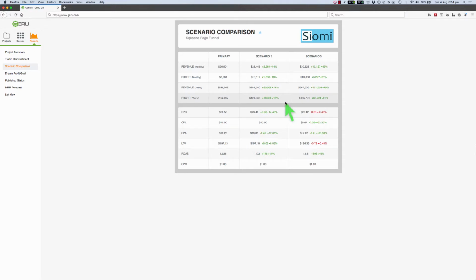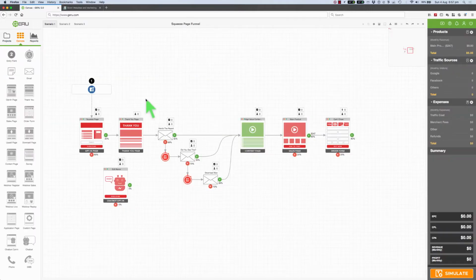Perhaps another stage in the email sequence, or the message sequence, whether it's email or chatbot, and then also continuing to refine our input audience, because that makes a huge difference to our overall profitability. So in this video we've looked at just some very basic scenarios and a very simple squeeze page funnel marketing system to improve the quality of our leads and therefore our profitability for a particular product.